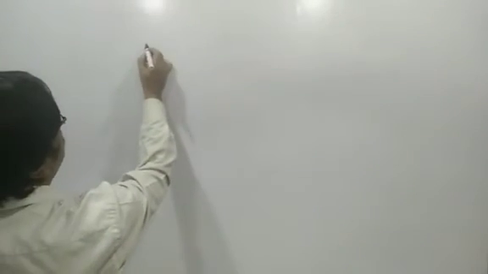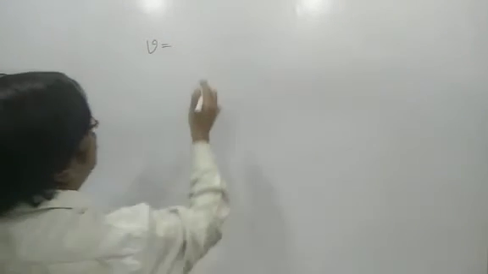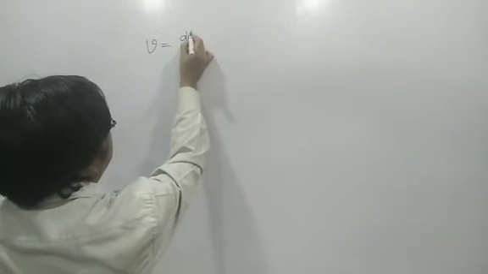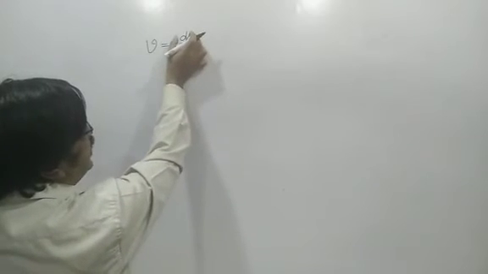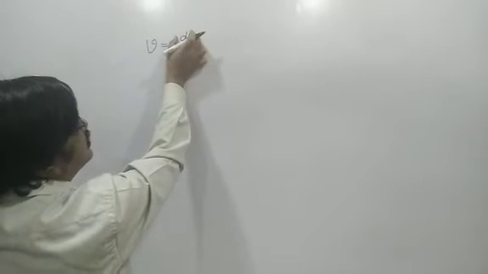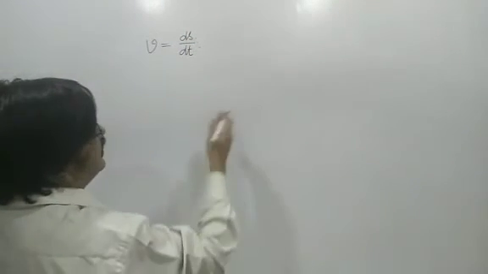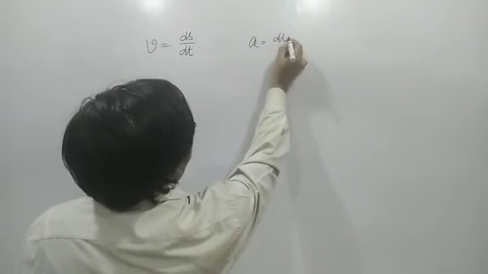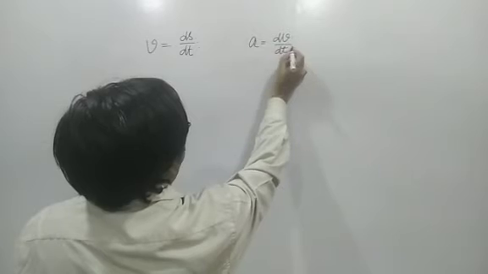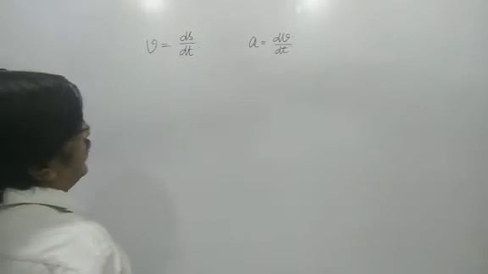Now you know that velocity equals the rate of change in position, or rather displacement, by time. A very small displacement is considered as ds during time dt, and the same is applicable for acceleration also. a equals dv/dt. dv is change in velocity, whereas dt is time.